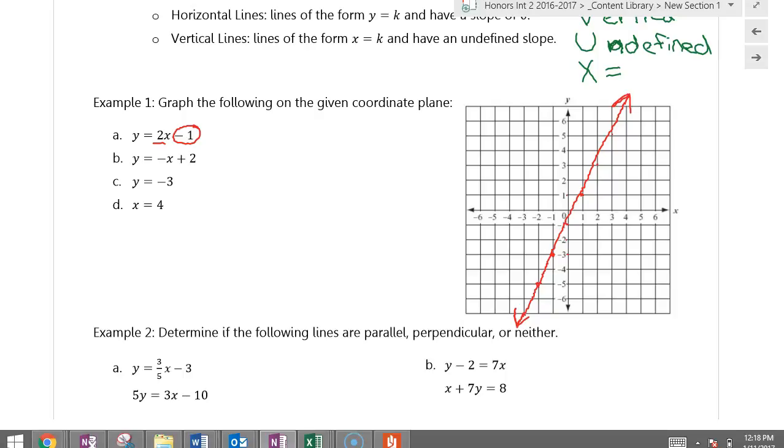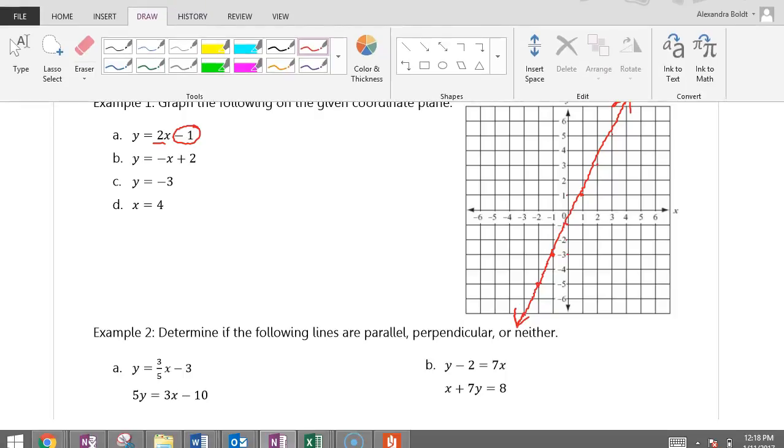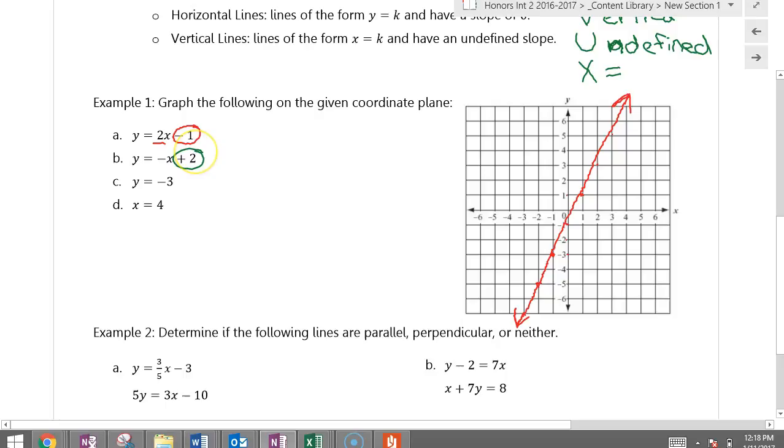Okay. Looking at B, same type of thing. Plus 2, I get to start at positive 2 on the y-axis. Then y equals negative x plus 2. Remember, this is technically a negative 1 anytime you don't have a number in front of your variable.